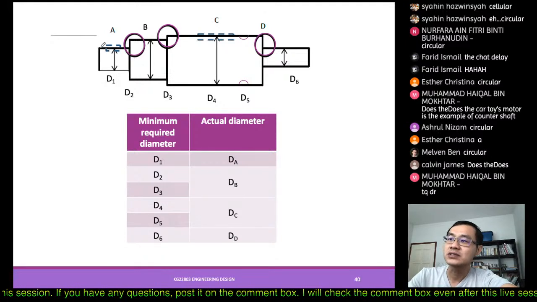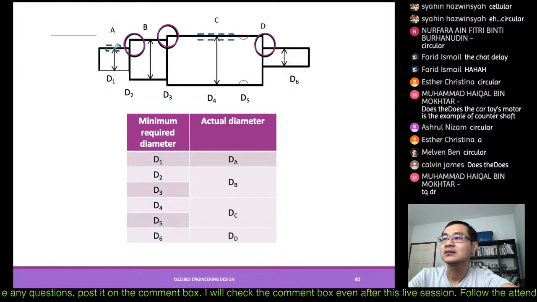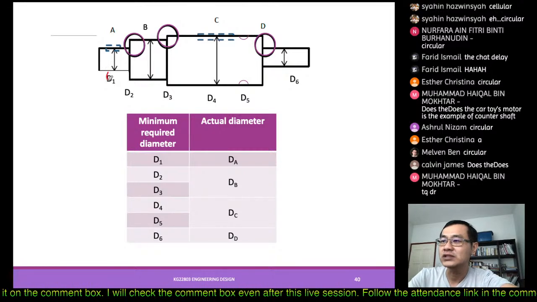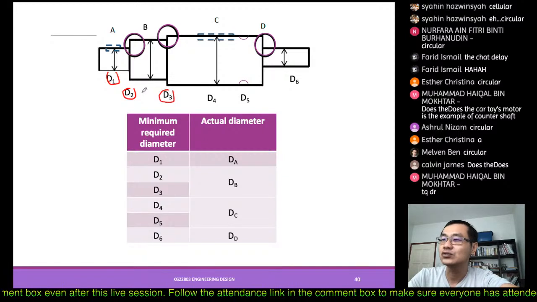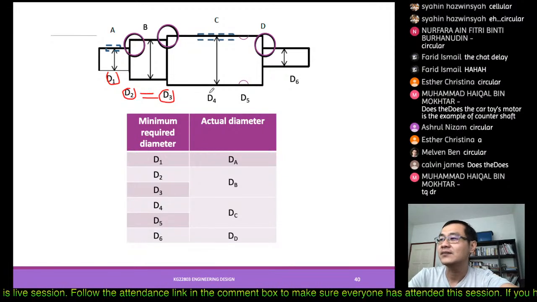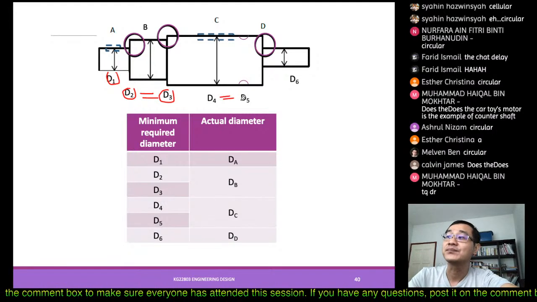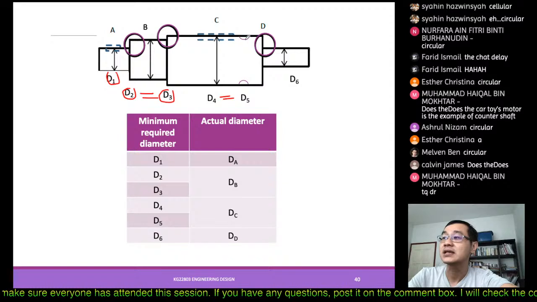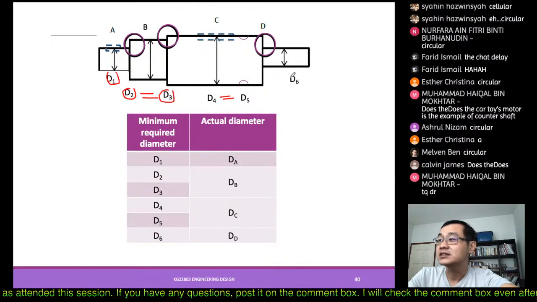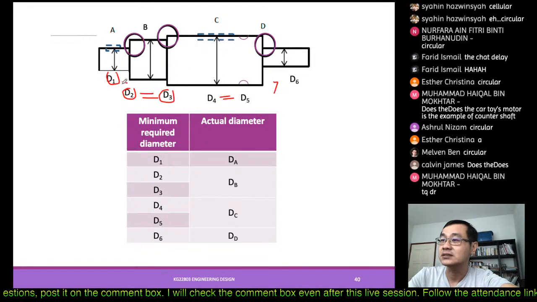Since we have a general idea that D1 must be smaller than D2, D3, and D2, D3 must be the same. Then D4 and D5 should be the same, because this is the same segment. And this D6 should be smaller than this. This is greater than this.